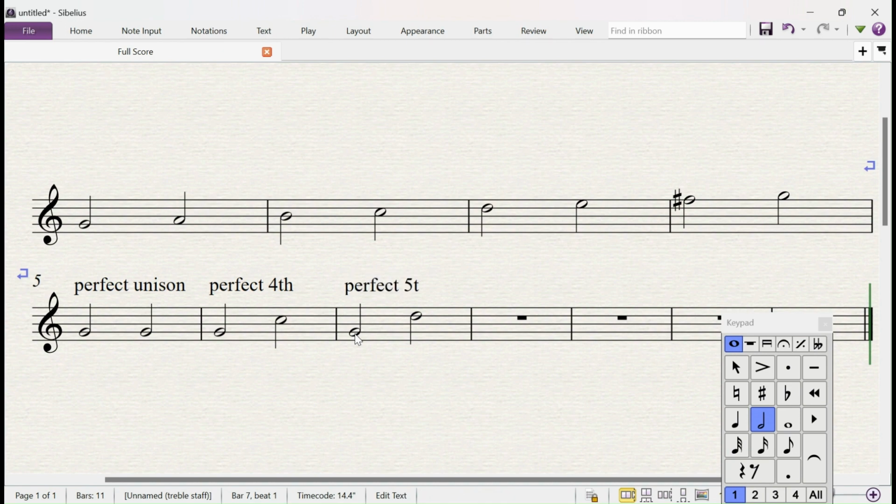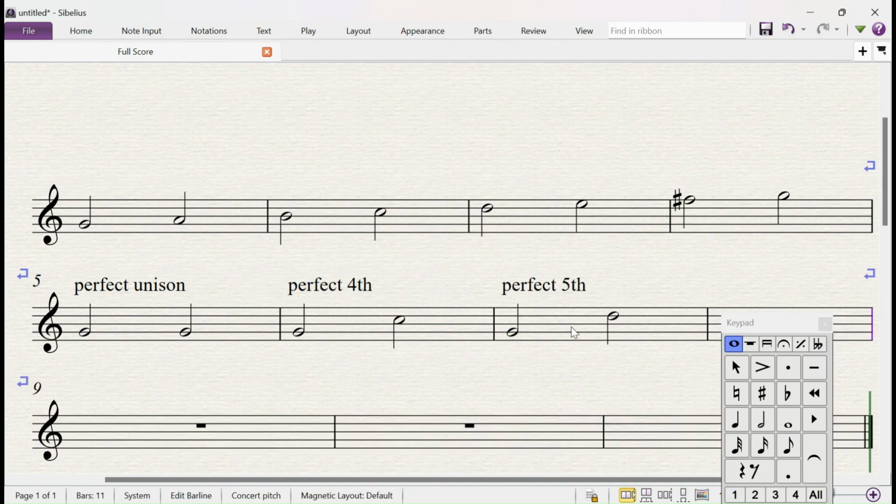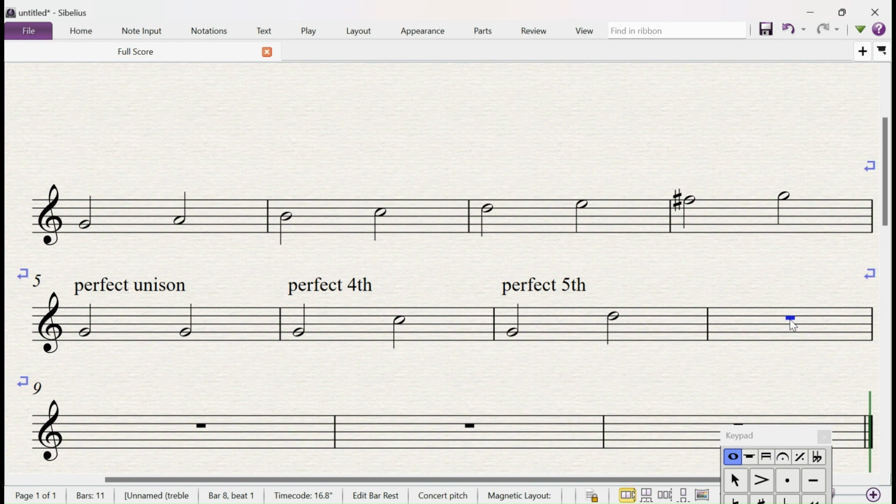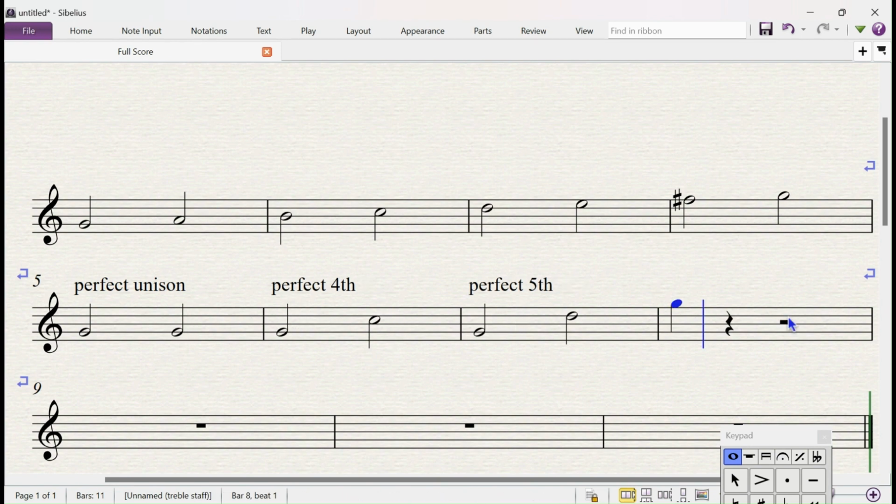So this is a perfect fifth. And the final one that gets perfect is the octave. G to G, octave, you have a perfect octave.